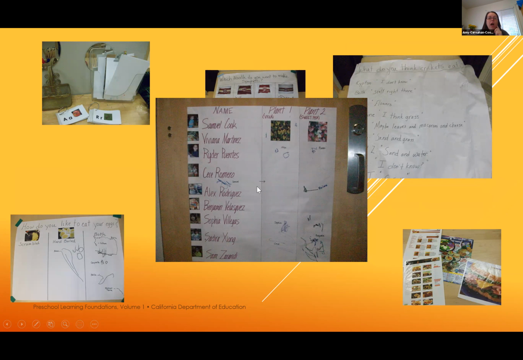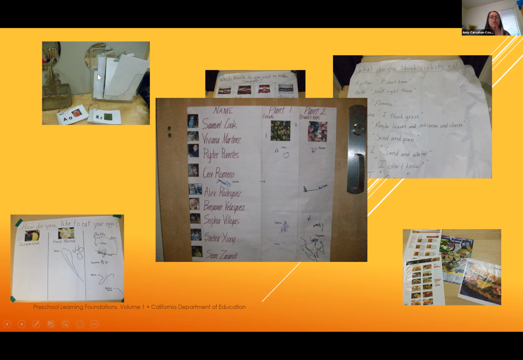So these are some examples from my classroom, actually, one of my old classrooms. This is a picture of part of our writing desk. This was actually a toddler classroom. And so I always had the alphabet with images because, again, they're much younger, but starting to expose them to that.